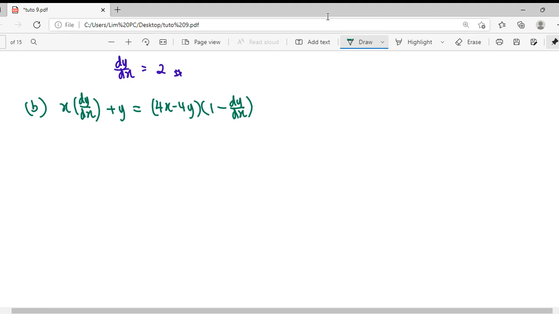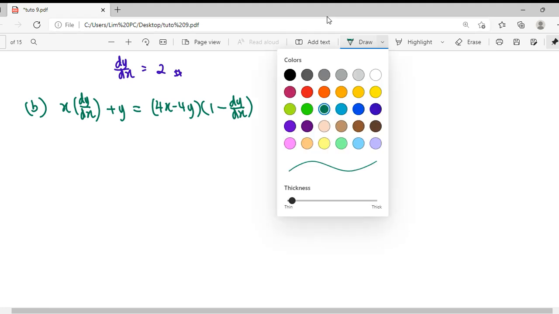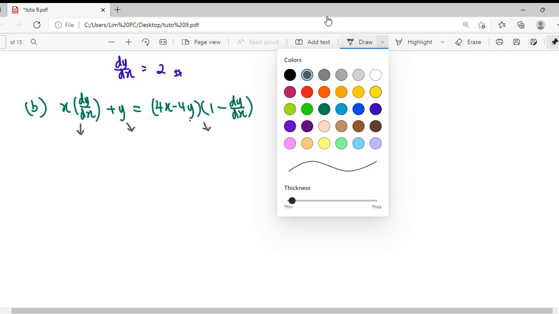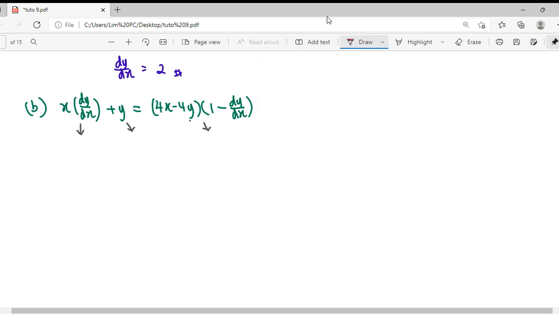So what can we do? We're going to differentiate the terms one by one. We differentiate our left hand side, and we have 3 terms here. For the first term, we have x and dy dx, 2 multiplied together, so we will need our product rule.